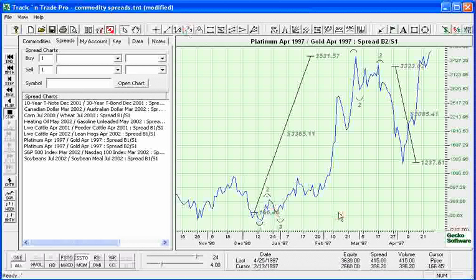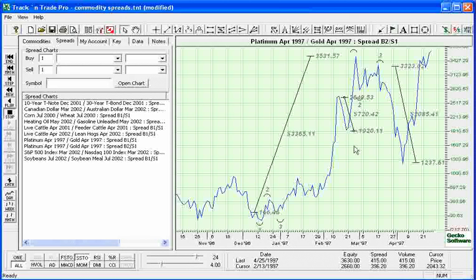Also, the bulk of production comes out of the Ural Mountain region in Russia, or the former Soviet Union, so there's a lot of political instability and risk there. Platinum is also becoming more and more a thin market in recent years.